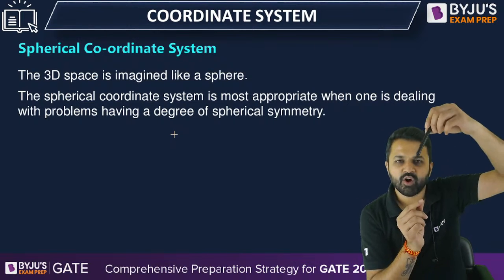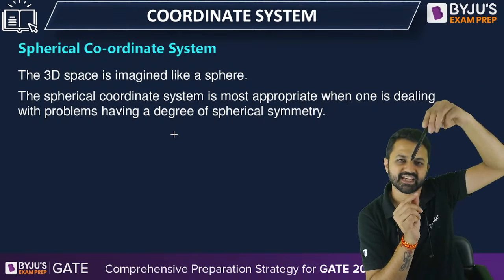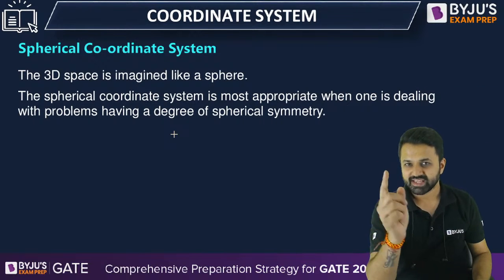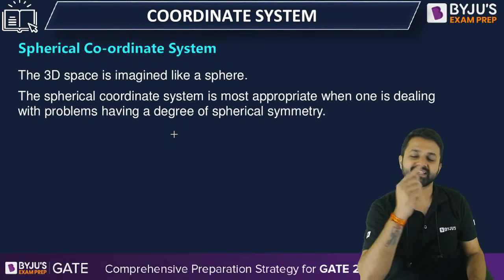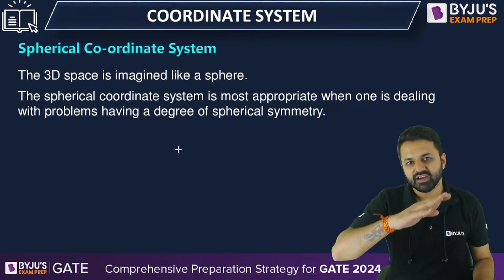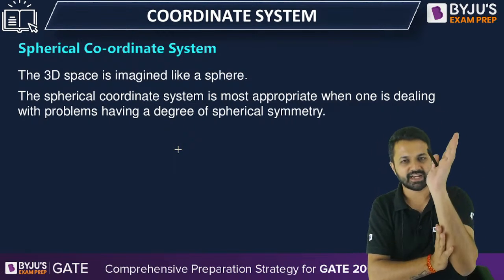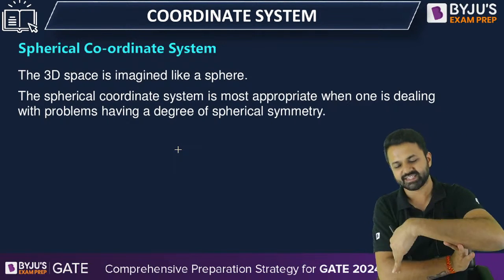When you want to move on the surface of the football in this direction, that means you have to rotate 360 degrees. So that means phi is required. Similarly, when you want to move from vertical to horizontal, this is the north pole and this is the south pole.